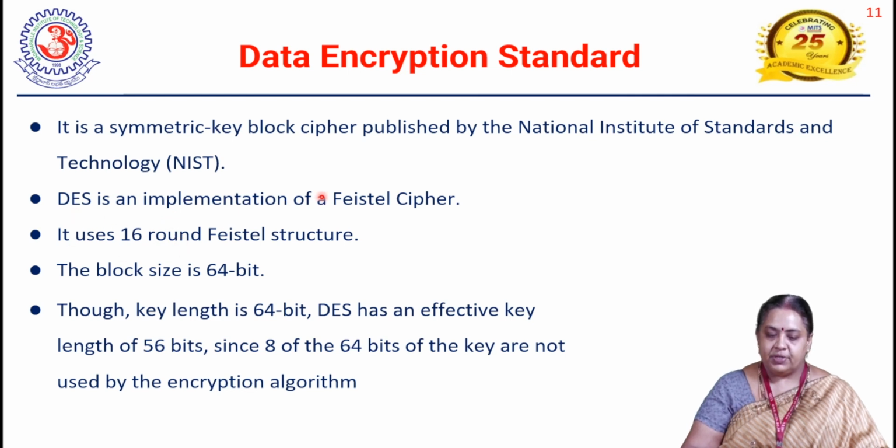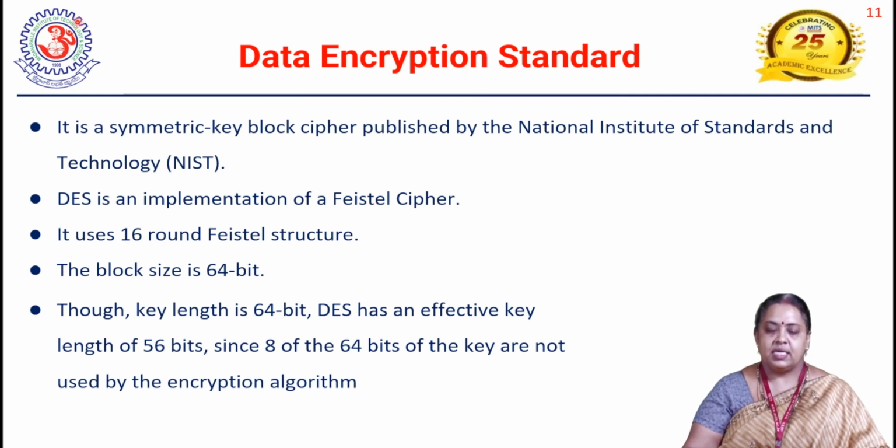It follows a Feistel structure, with 16 rounds, a block size of 64 bits, and a key length of 64 bits. Even though the key length is 64 bits, we are going to make use of 56 bits, which we will discuss later. So the key size is 56 bits, the block size is 64, and we have 16 rounds, and this is the implementation of the Feistel cipher.